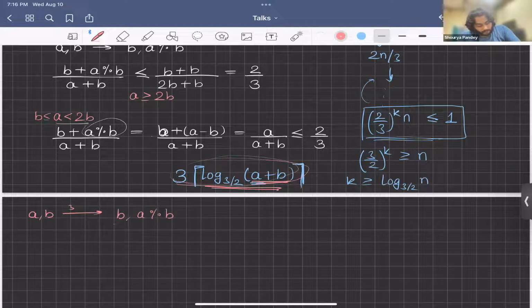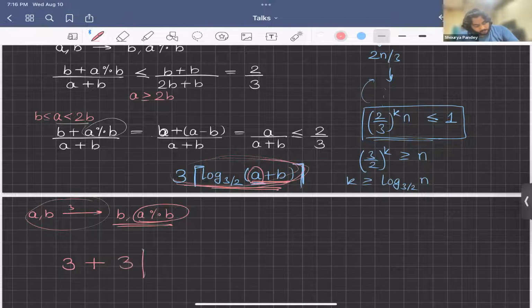let's apply this result from here on, right? Because A could be much larger than B, but I know that the remainder when A is divided by B is much smaller. I mean, it's definitely smaller than B. So instead of that, let me take this as one separate thing with 3 steps and now apply this result and get 3 times ceiling of log of B plus A mod B, which is at most 2B.